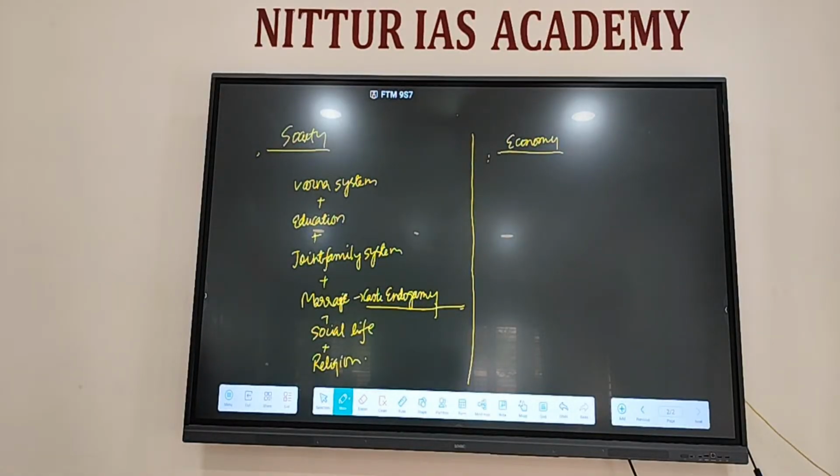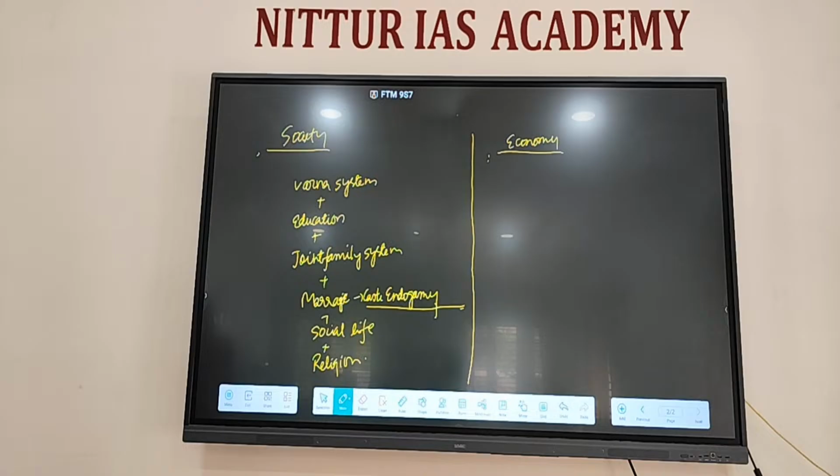Right. So what are the major features of economy? As we discussed, agriculture is the dominant occupation. You have to keep that in mind. Second thing we discussed, trade is declining, which means urban features are declining.